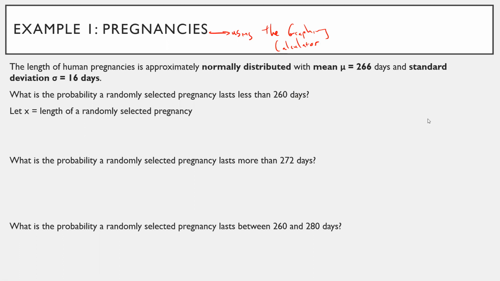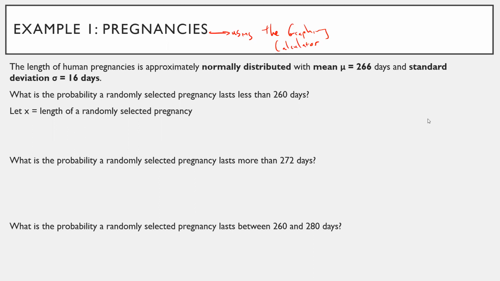So here's the first problem. The length of human pregnancy, the gestation period, is approximately normally distributed. Not every baby comes exactly at 9 months, right? My son came, I think, 7-8 days past his due date. So it's just normally distributed.